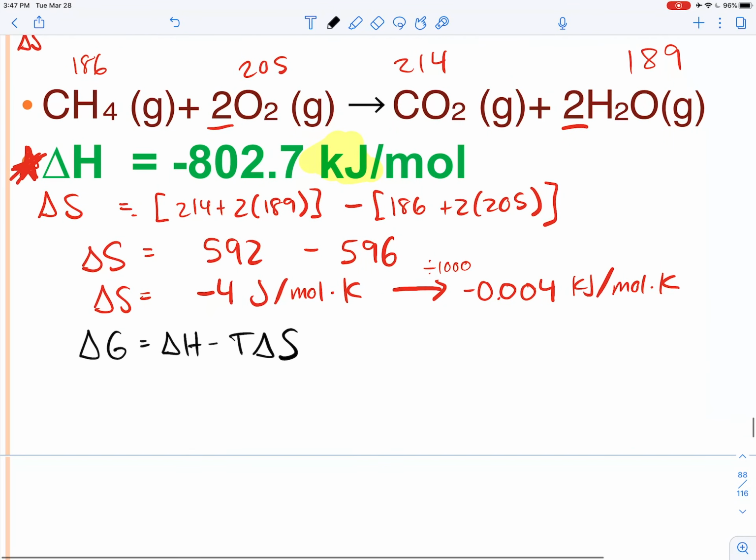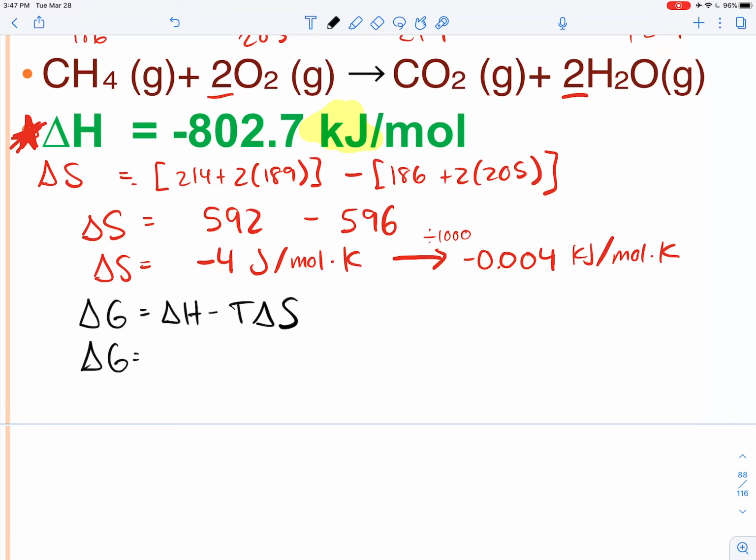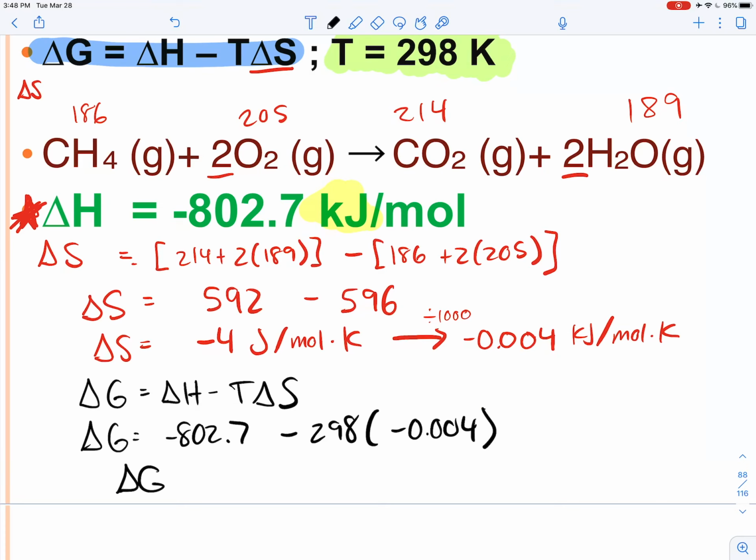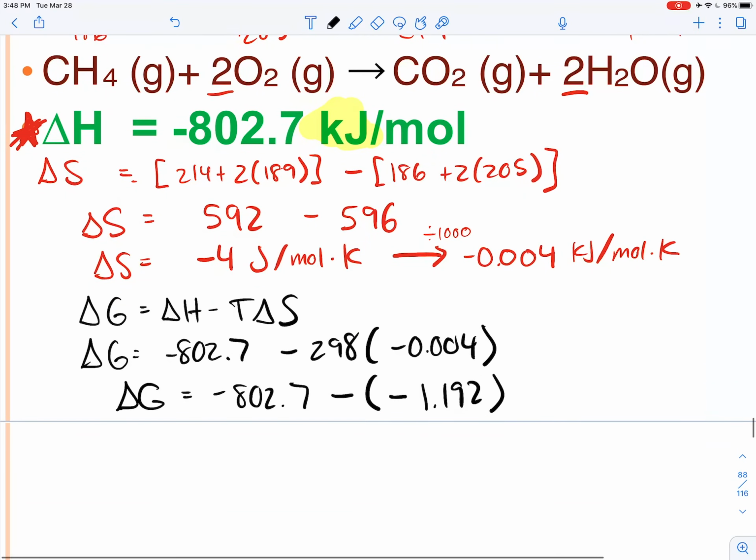If I plug in the numbers, I'm going to get -802.7 minus the temperature, which is 298, times negative 0.004. So here I'm minusing a negative number. I believe this is 1.192. So I'm going to add those two numbers together, and I get plus negative 801.5, and the units are kilojoules per mole.